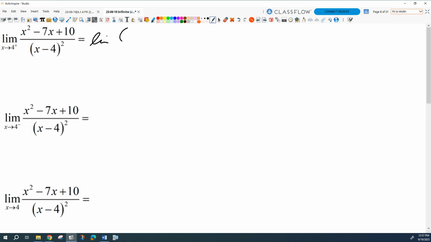What are they? Okay. That's easier to evaluate, isn't it? Because now if I plug in 4, I just get a number times a number, which is easy to evaluate. If you can factor them easily, these problems are easier to evaluate in factored form. On the bottom, we've got x minus 4 squared.